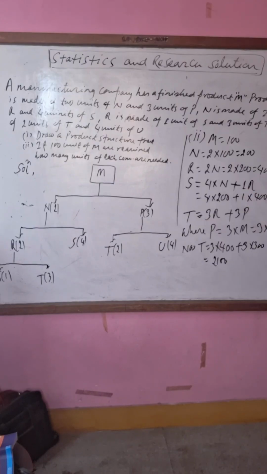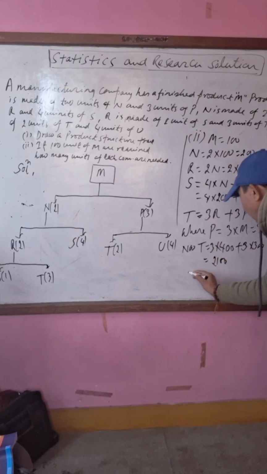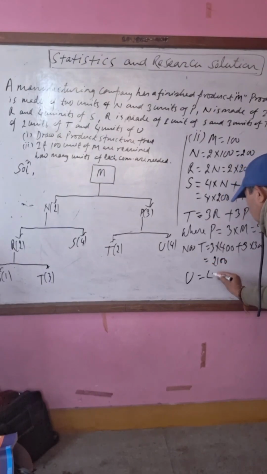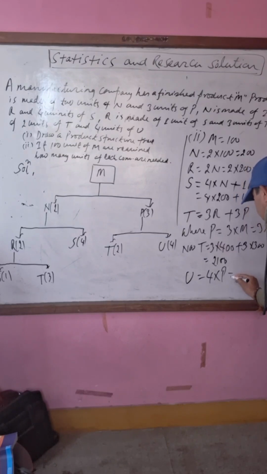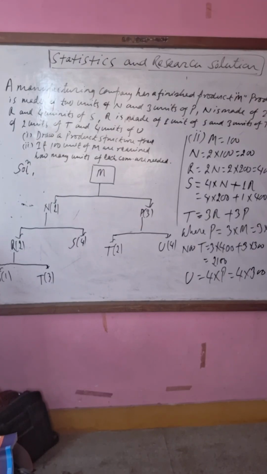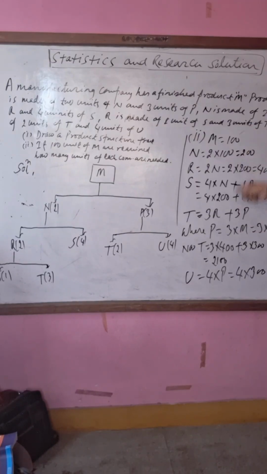And the last one, U. U is equal to 4 into P, that is 4 into 300, 1200. So in this way we can calculate how many units of each component we require.